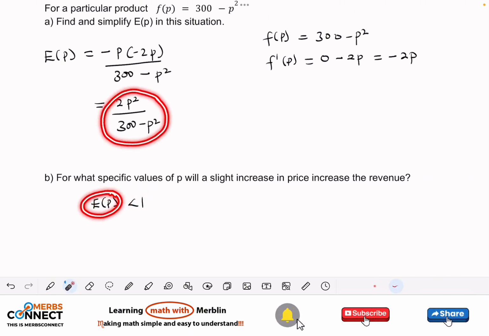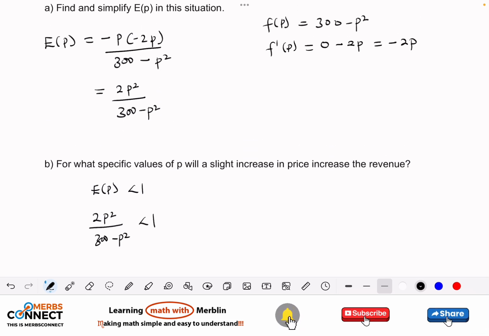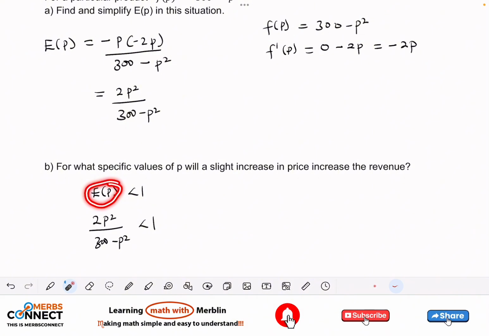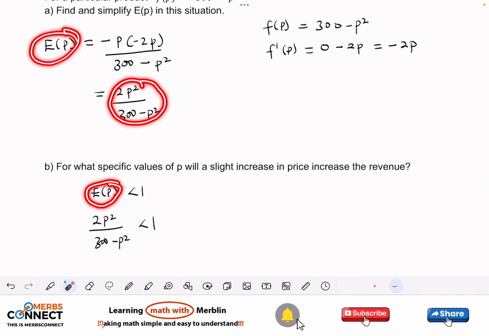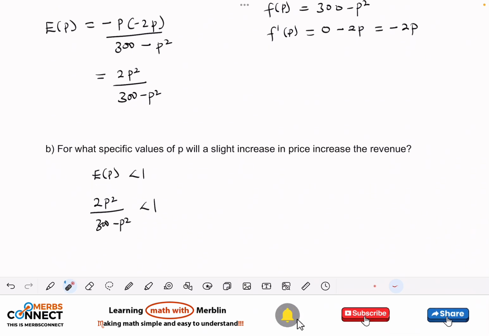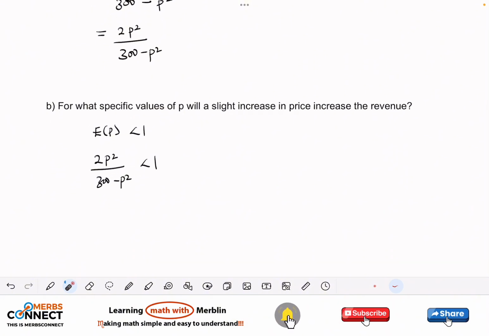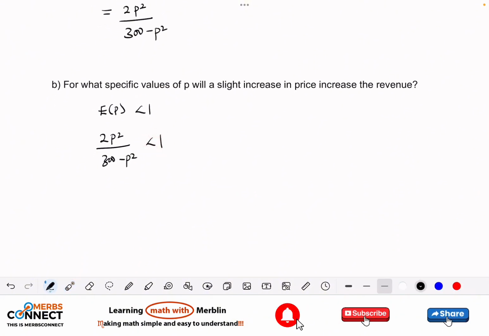So now since this is less than 1, what is E of P? E of P is what is here. So in place of this, I'm going to put this one there. So I'm going to have P squared divided by 300 minus P squared less than 1. So now I'm coming to find the values of P, the price, for which this is less than 1, right?